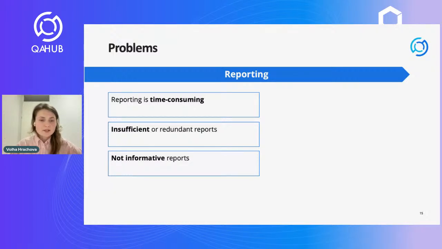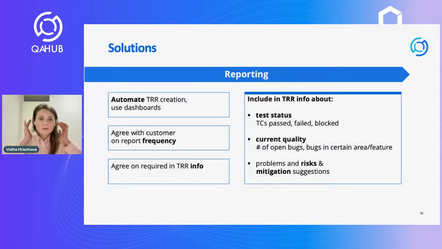Sometimes we have too many reports that we don't need, or not enough reports. And sometimes we have reports with a good frequency, but they're not informative. We have the report, but what can we do with it? It's just a report for the sake of a report, which is not good. How can we deal with those problems?